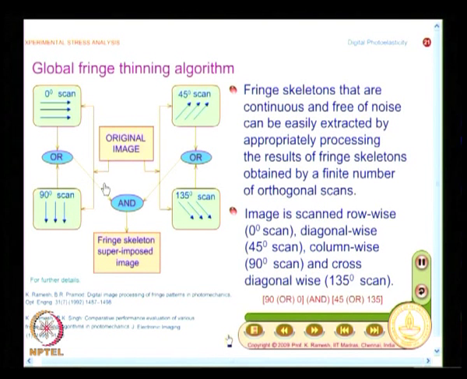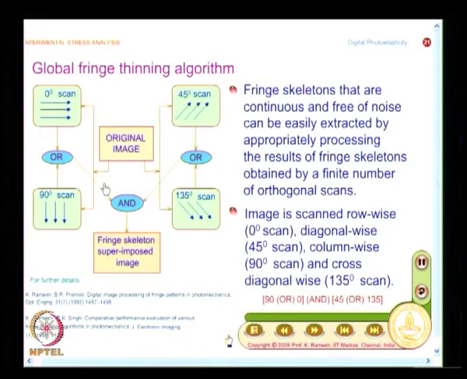So, when I do the AND operation, we retain only the fringe skeleton and the noise is eliminated. This is the greatest advantage. The whole procedure can be simply labeled as 90 or 0, and 45 or 135.